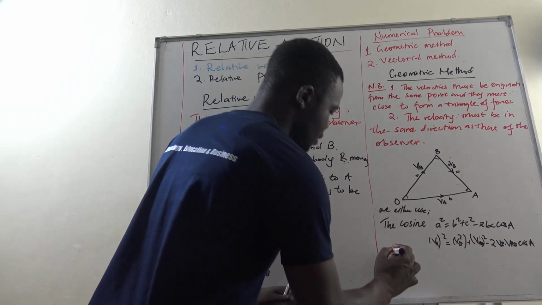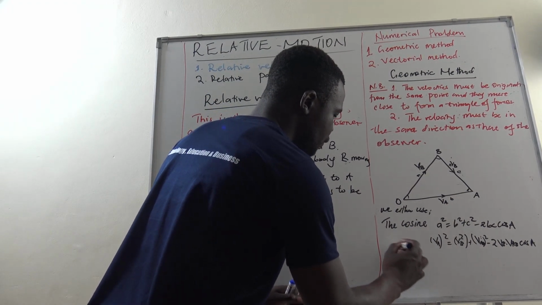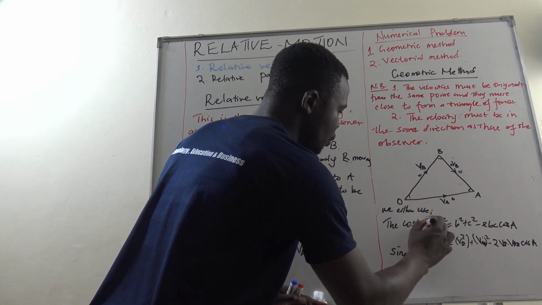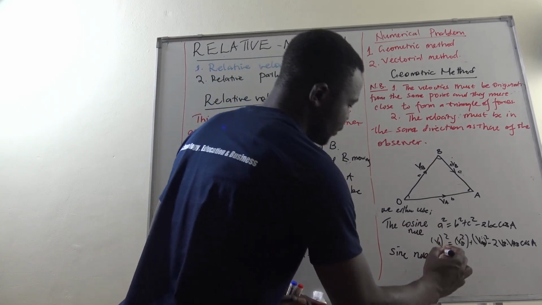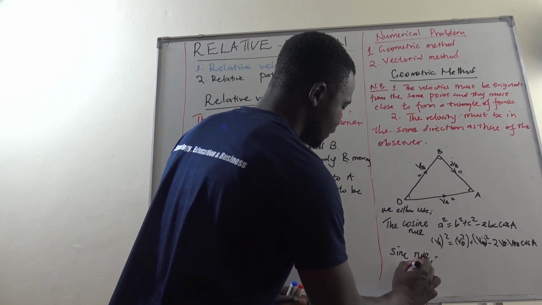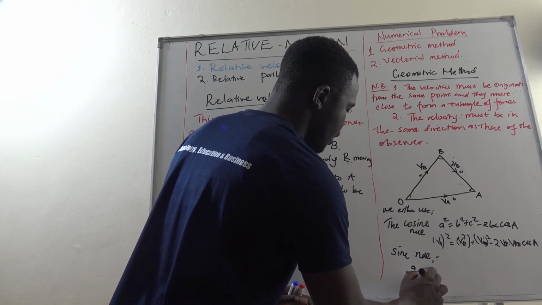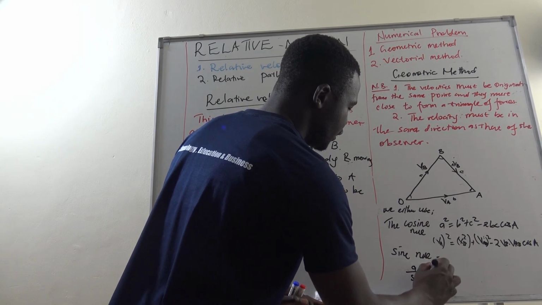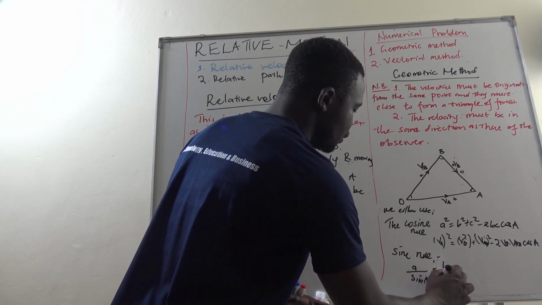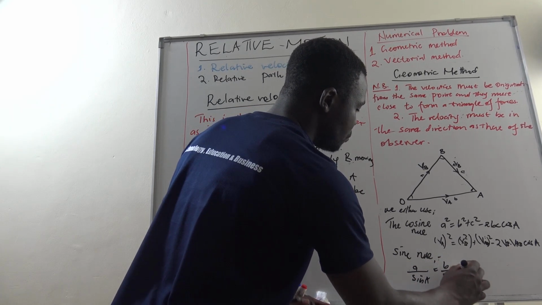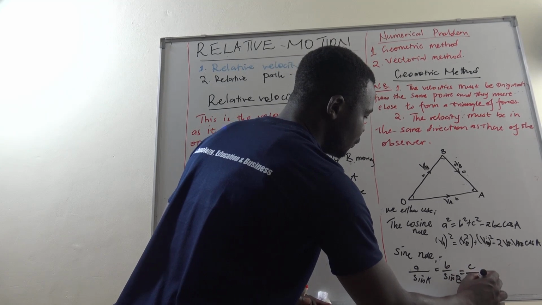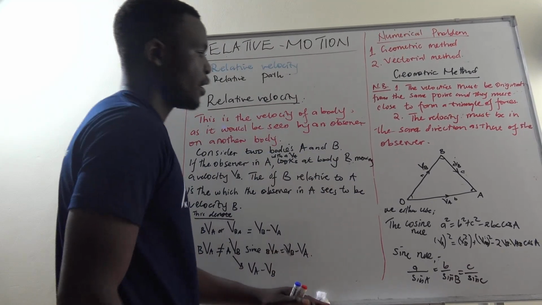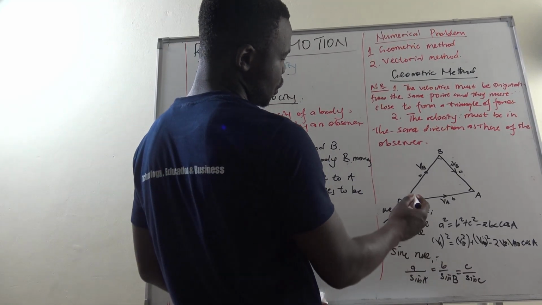B. Then, if we do not want to use the cosine rule, we can use the sine rule. The sine rule says that A out of sine A is equal to B out of sine B, which is equal to C out of sine C. Now, what is angle C? Is this one.